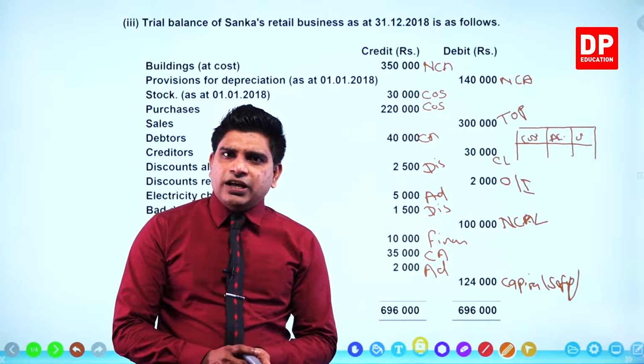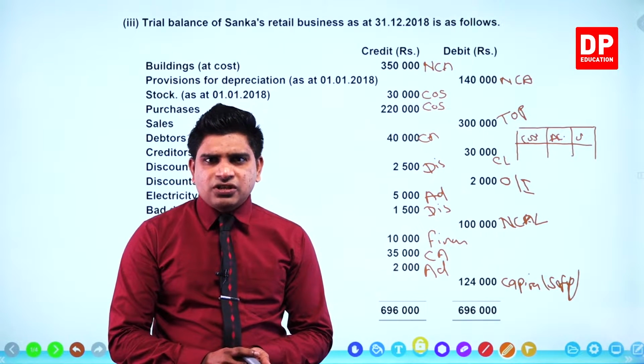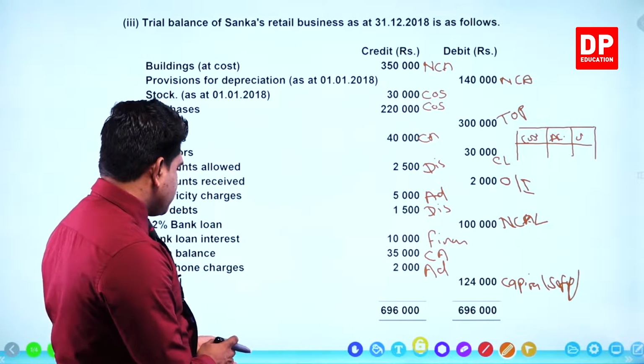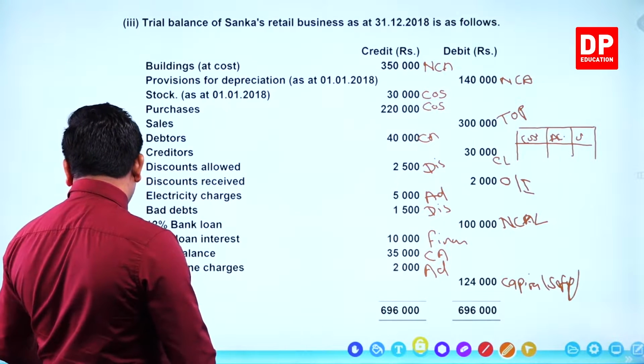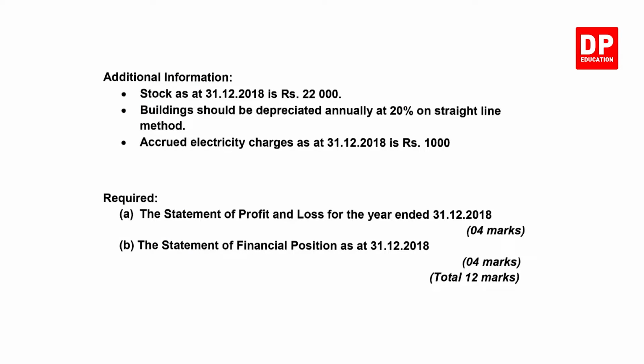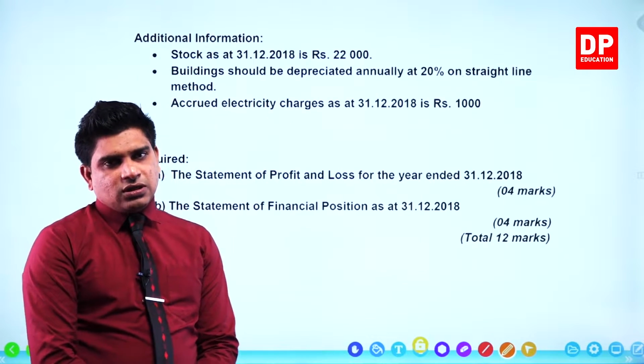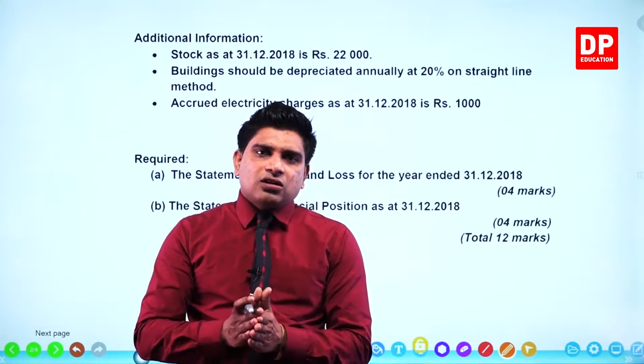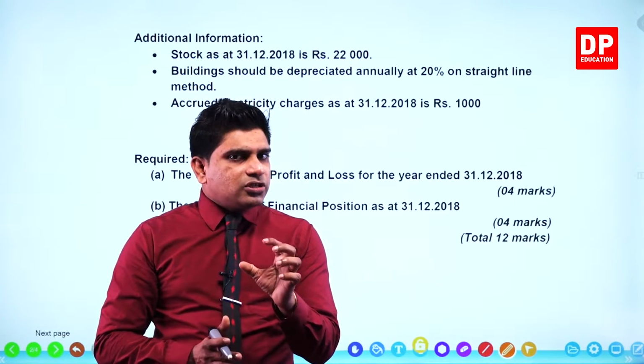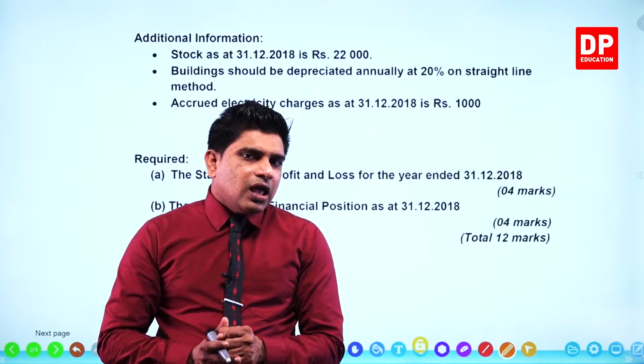After that, they have provided us additional information. Now we move to the additional information. Stock as at 31st December 2018 is 22,000. Year end stock, closing stock. You know closing stock goes to two places.